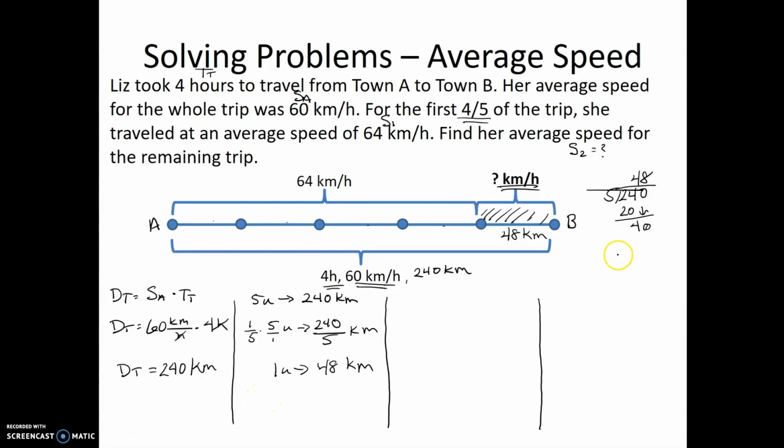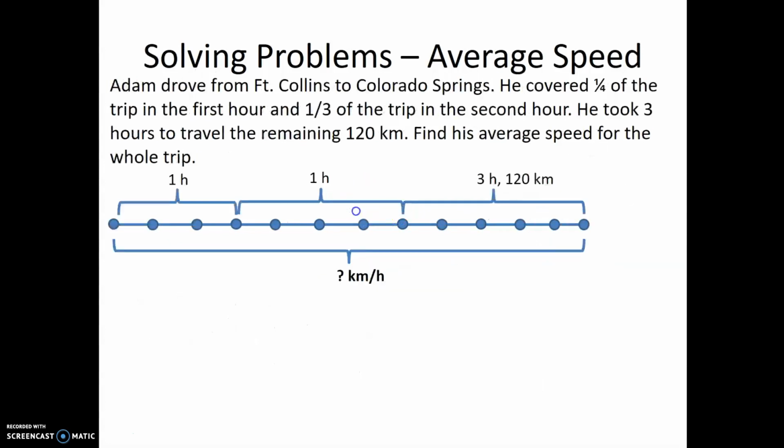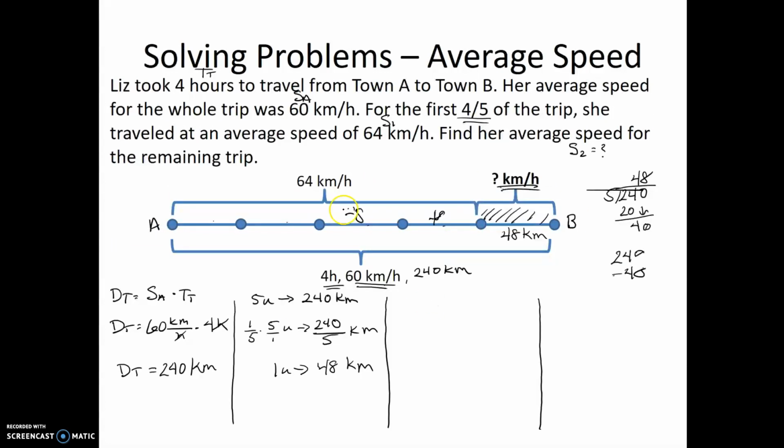So let's do that over here. Because each of these are 48, 240 minus 48 is going to be 192. Okay, and let's mark that right there.